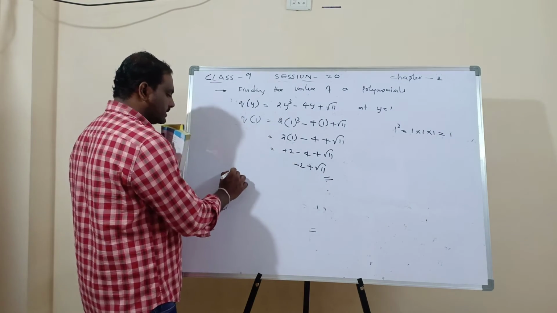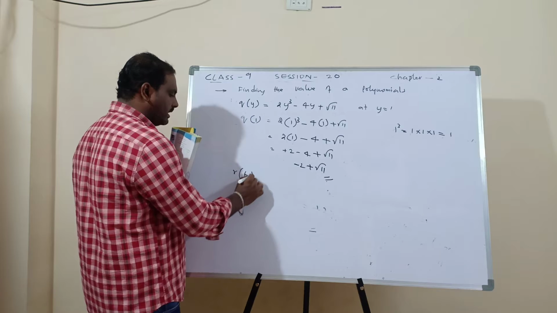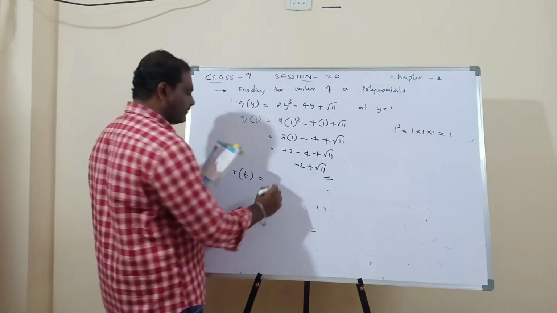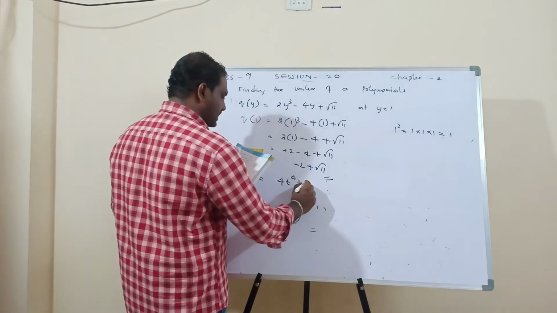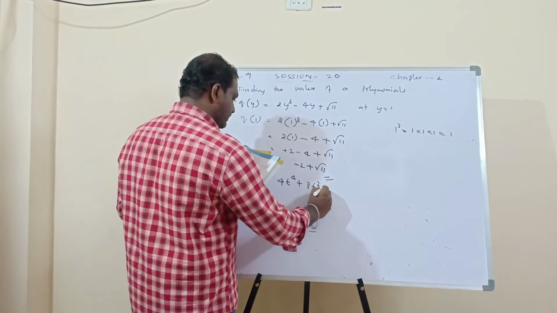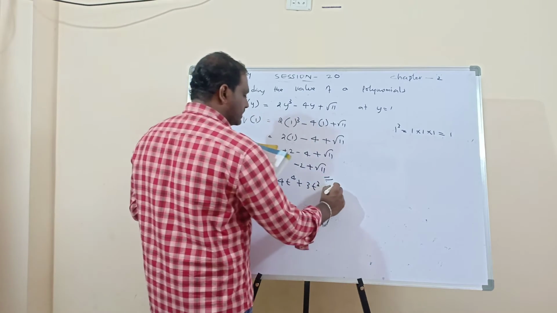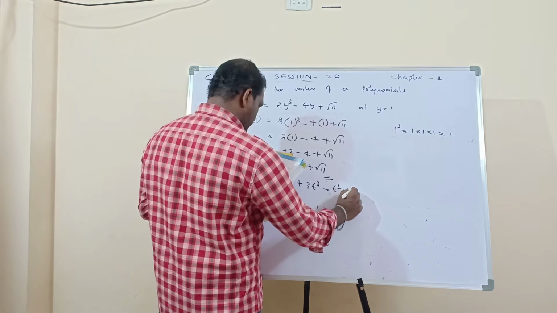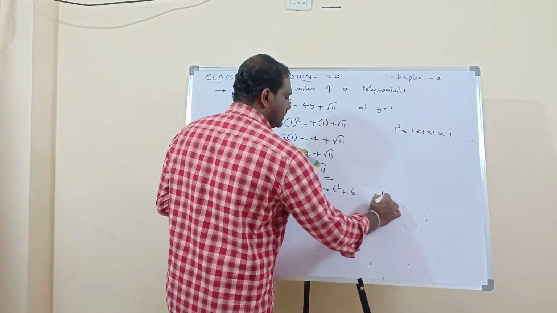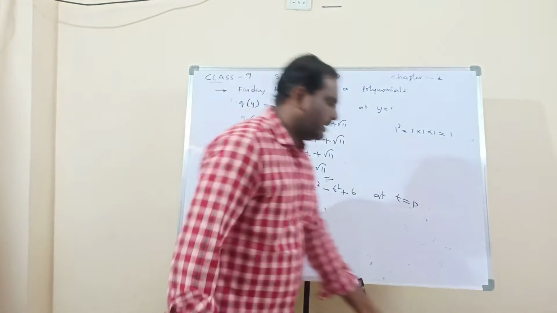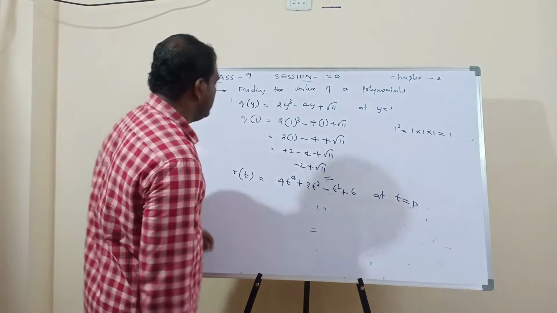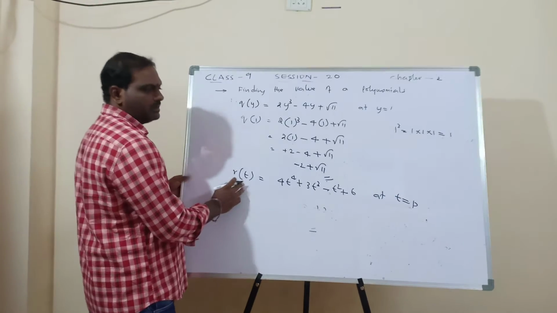Question number 3, it was a tricky question. Given r of t is equal to 4t power 4 plus 3t cube minus t square plus 6 at t is equal to p. So how to find? Very simple. Instead of t, write p.